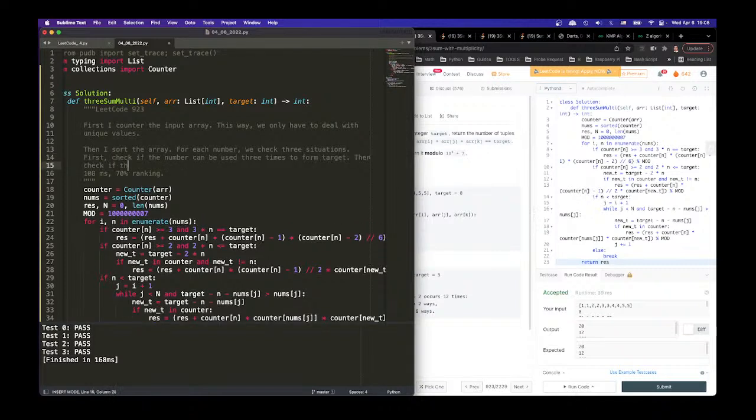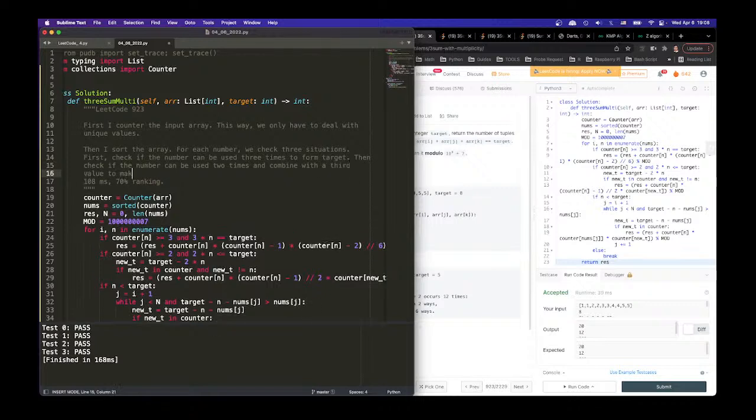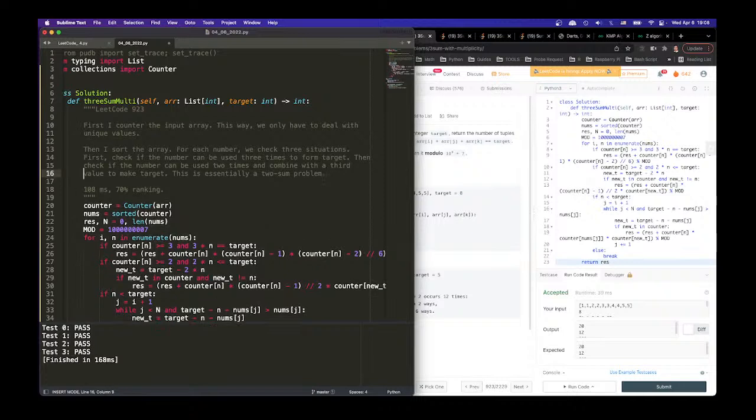Then check if the number can be used 2 times, right? And combine with a third value to make target, right? This is essentially a 2-sum problem, right?